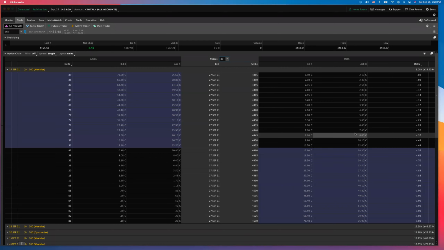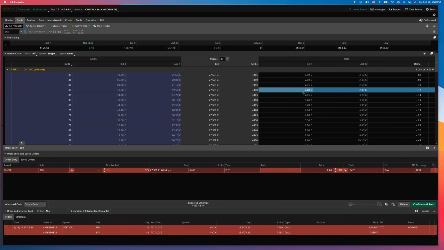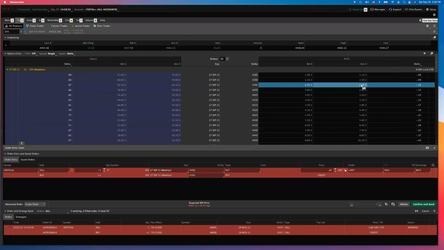So for our put credit spread example, we are going to sell the 4,400 and we're going to buy the 43.95. Well, how do you sell 4,400? I'm going to click one time on the bid column, right? And I'm going to hold my control key and buy the 43.95, resulting in a net credit of 25 cents.